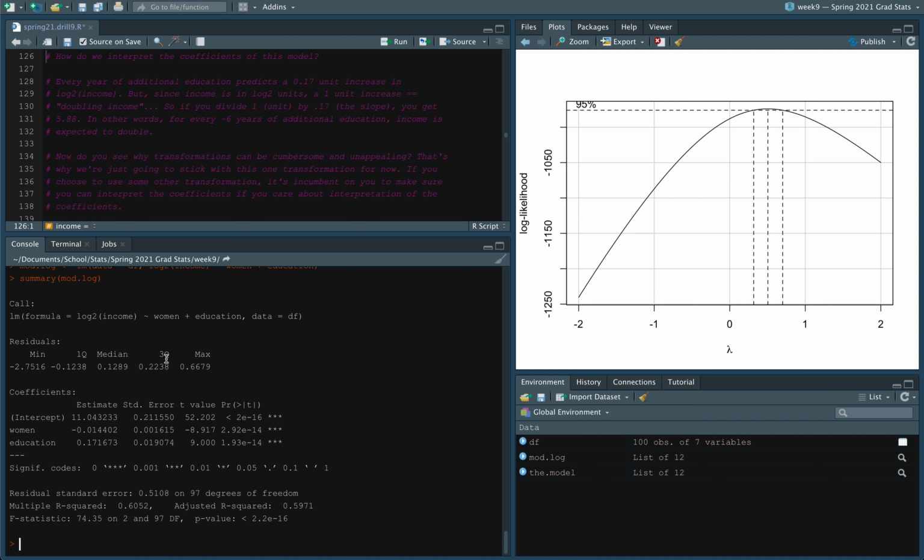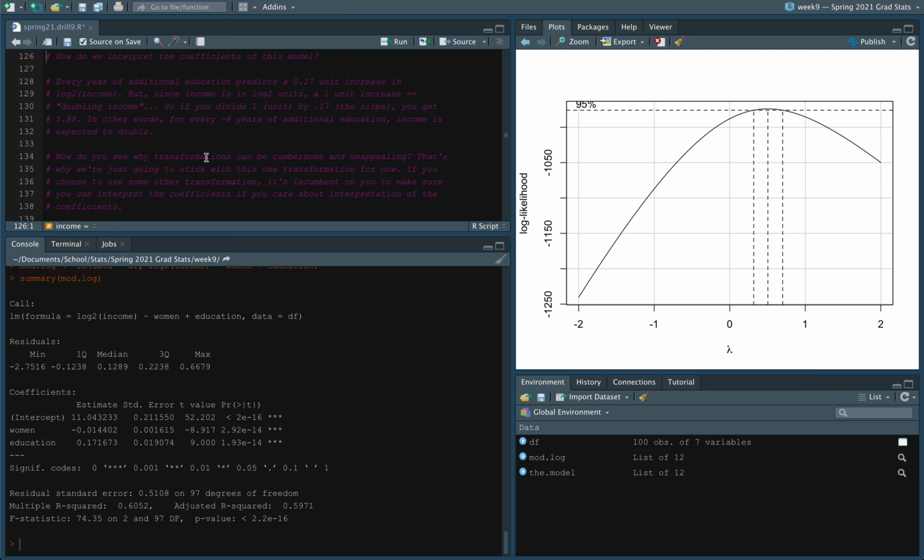For education, it predicts that each year of education has a slope of 0.17 for a 1 unit increase in the outcome. But a 1 unit increase in a log2 transformed variable means it's doubling.